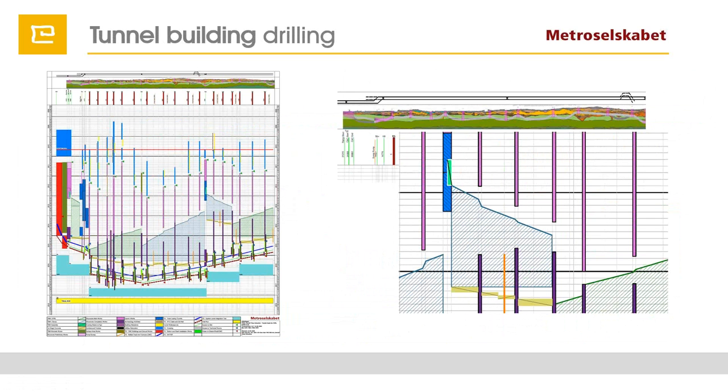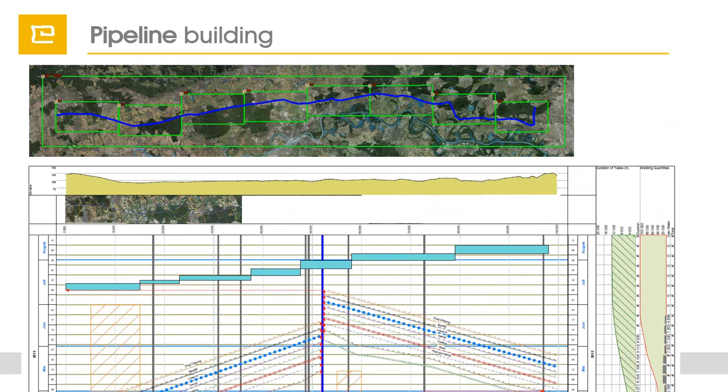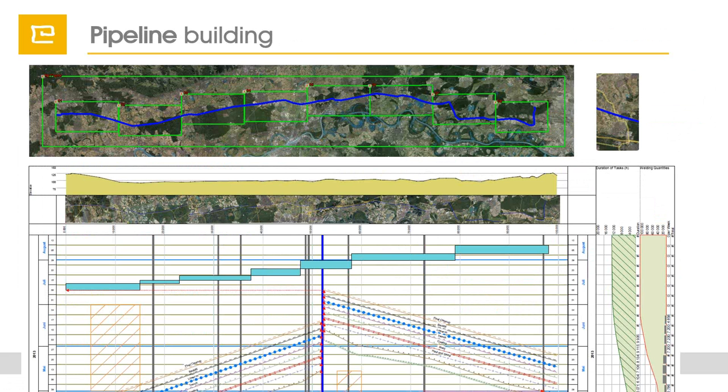One area where TILOS is also very intensively used is the pipeline building area, and we use this in combination with Google Earth in order to bring in an easy way the maps on top of the linear axis. But more important is to show the progress that we do along the right-of-way.